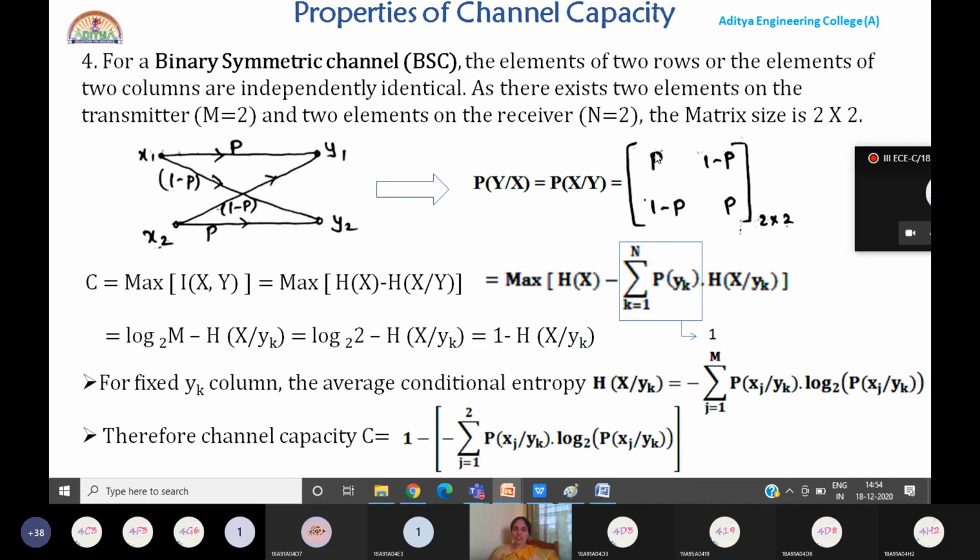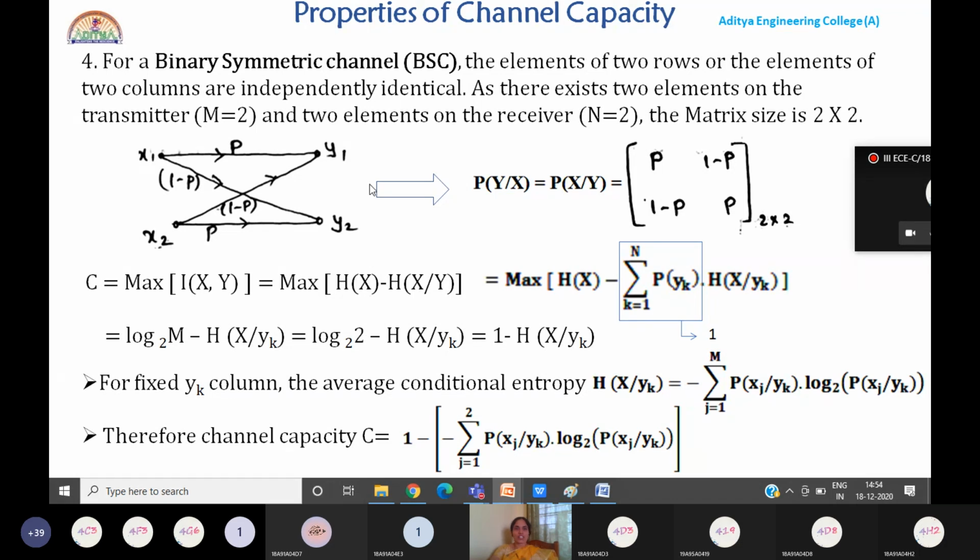Next, in the first column, P plus 1 minus P, it will be 1. In the second column, 1 minus P plus P, it will be 1. So you can represent it either as P of Y by X, because the sum of elements in the row is 1, and you can also state it as P of X by Y, because the sum of elements in each column is 1.